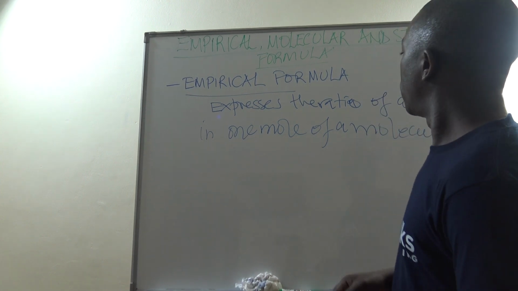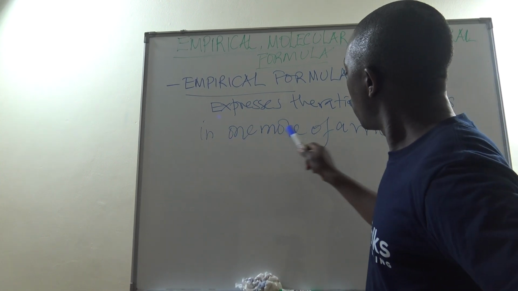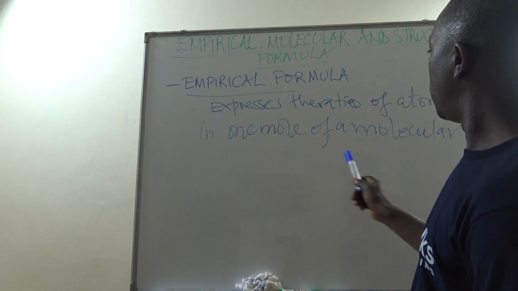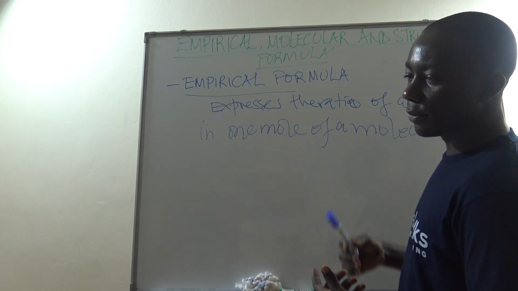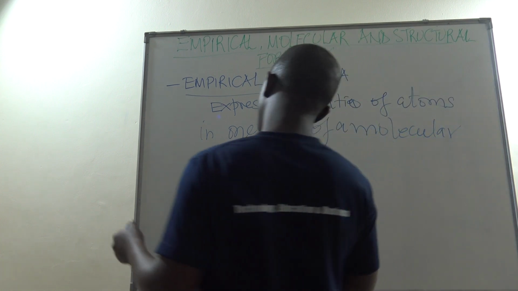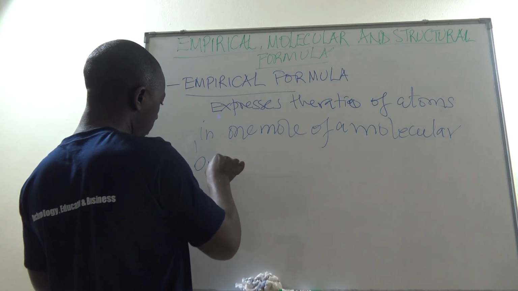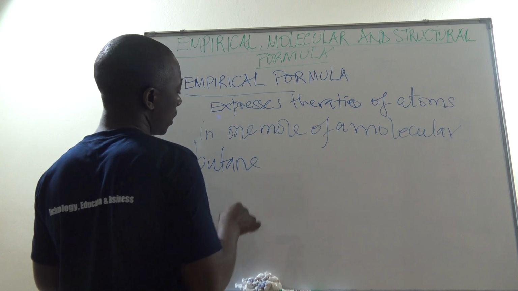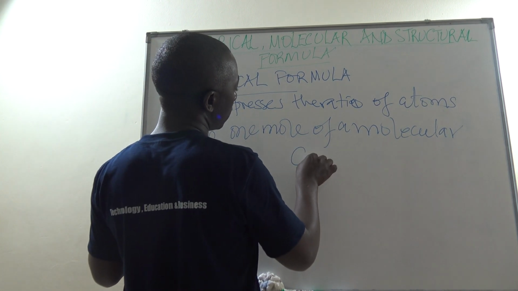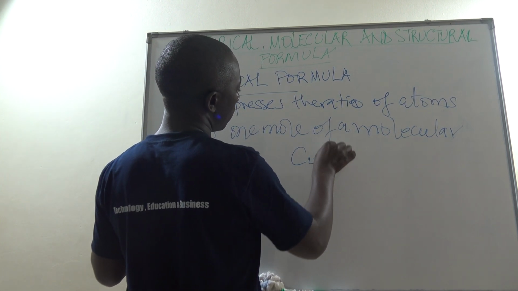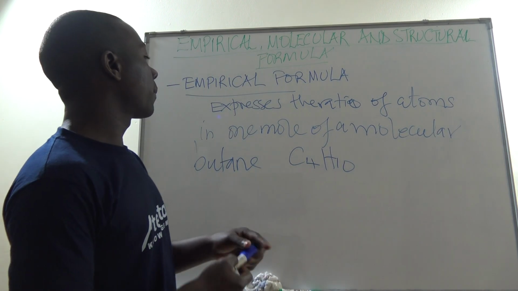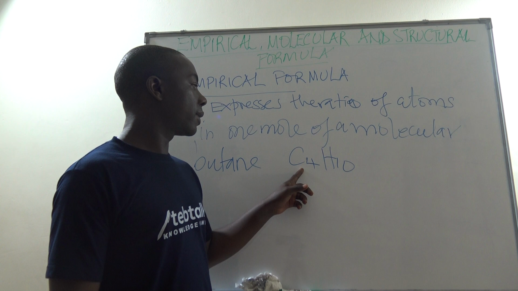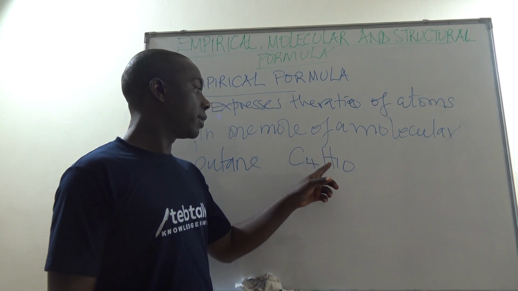Now, in 1 mole of a molecule, the molecule could have so many atoms, but what is the ratio to them? Take an example. If I'm having butane, which is C4H10, there are a total number of 4 carbons and 10 hydrogens.